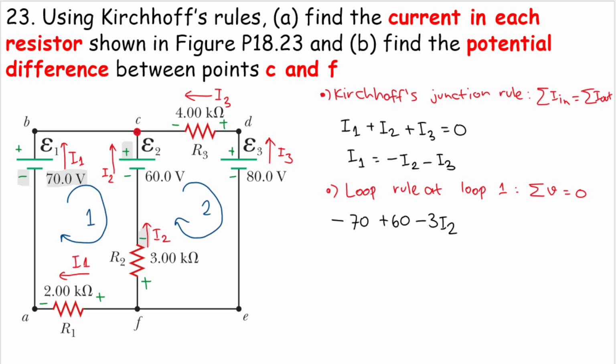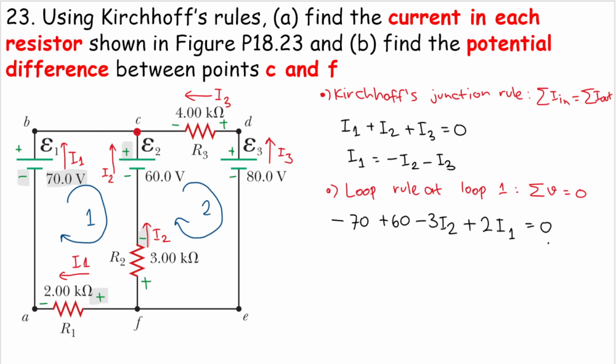Let's move on to this resistor here. And the loop enters from the positive terminal, so we will have a positive sign here, and we will have 2 kilo ohm there. So I'll have 2, but then we have I1, right? So we will have 2I1 here. And then all of that will equal 0.